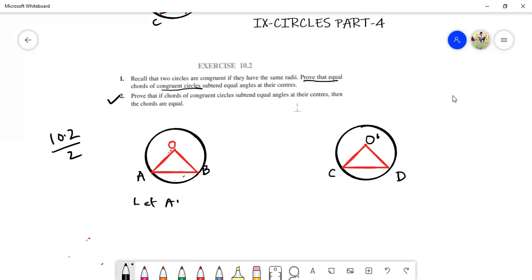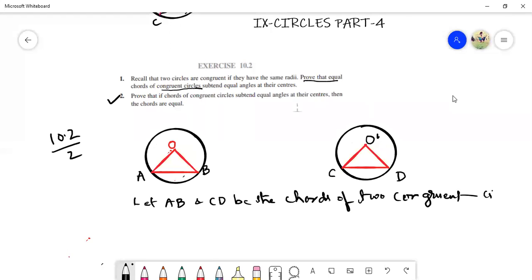Let AB and CD not equal. We have to prove that chords of congruent circles, the chords of two congruent circles.